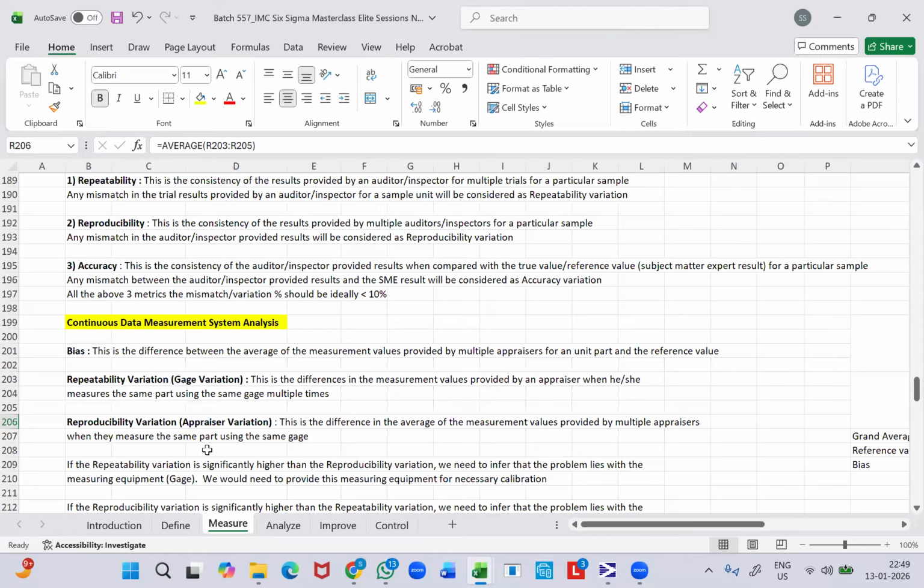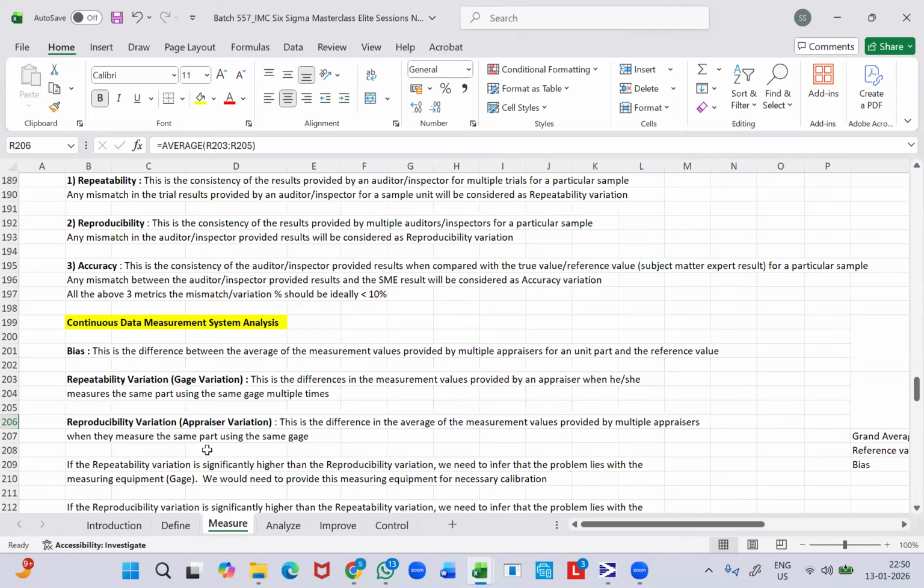So we don't have to bother about finding out which component of the variation is significantly high. Clear? Right? So there can be another scenario given as a question in the final assessment wherein they would have mentioned the measurement system variation to be less than 10%. The moment you see the overall gauge R&R variation to be less than 10%, we can straight away infer that there is no problem with the measurement system, right?